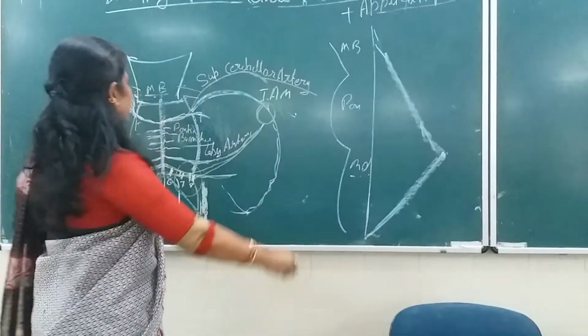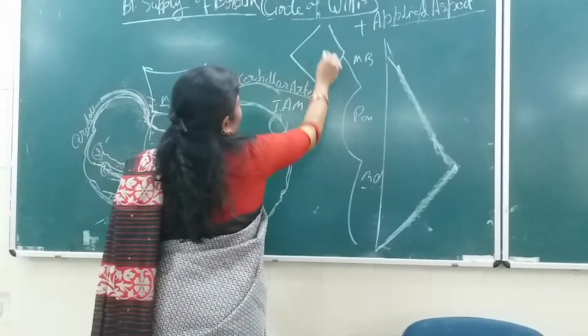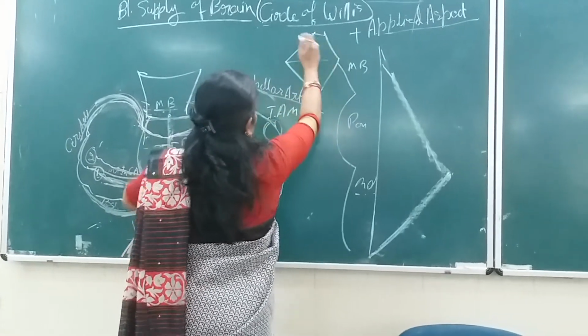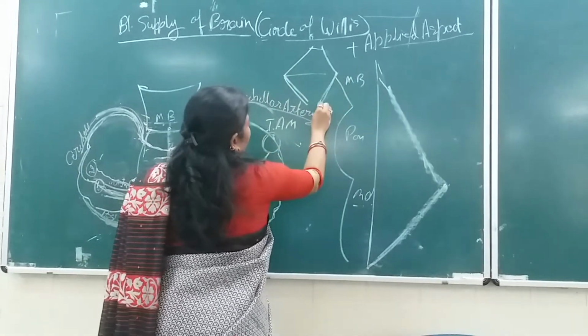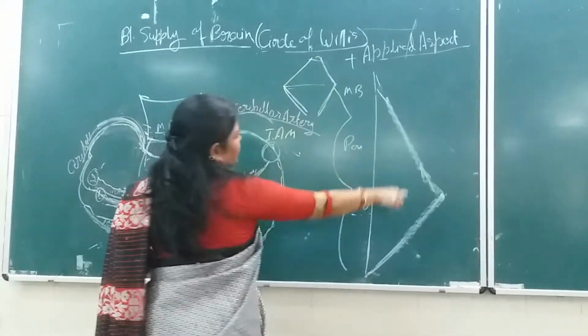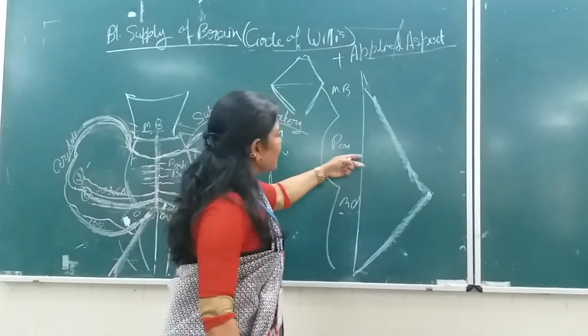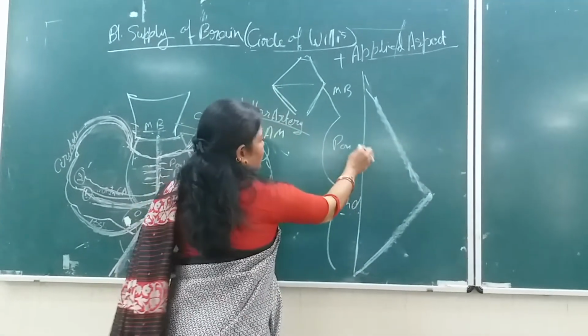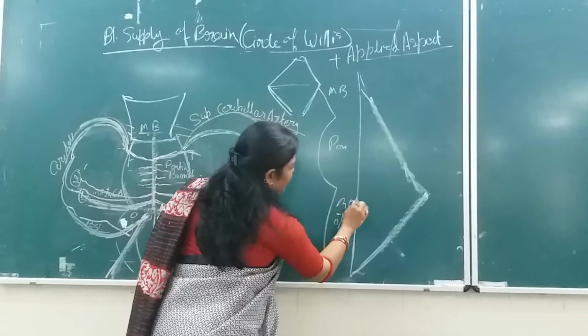It is not like that. In cross section you will see it is like this. Okay, so this is the superolateral and this is the inferolateral part of the roof of the fourth ventricle, and in the sagittal section it is like this. Anteriorly, the floor is formed by the pons and the open part of the medulla oblongata.